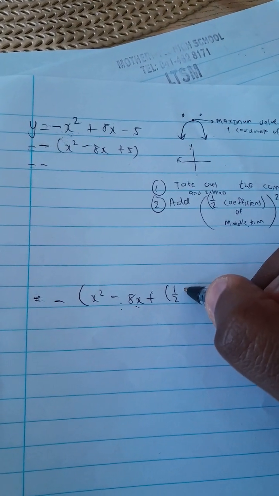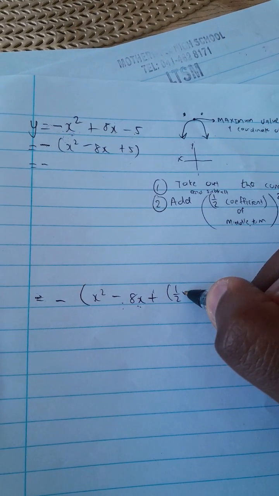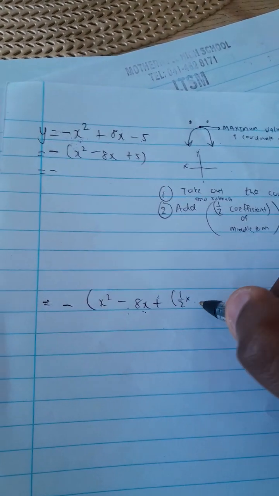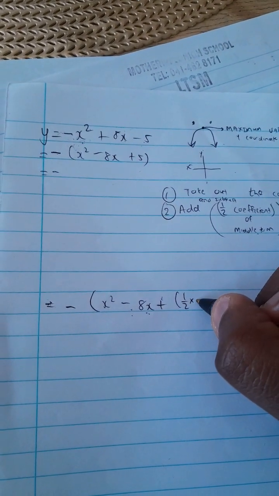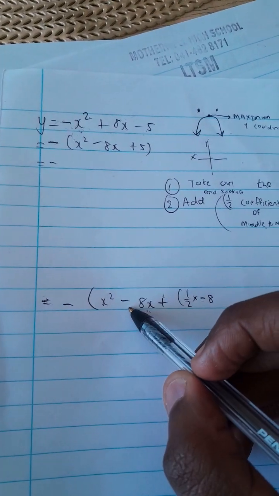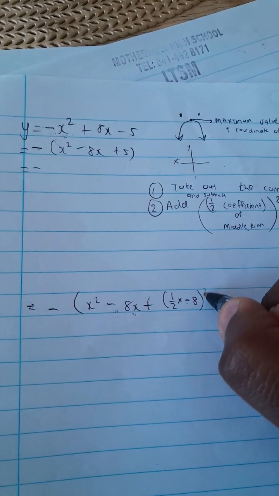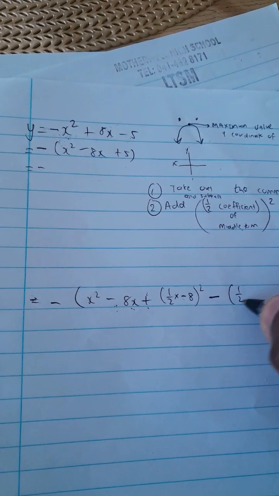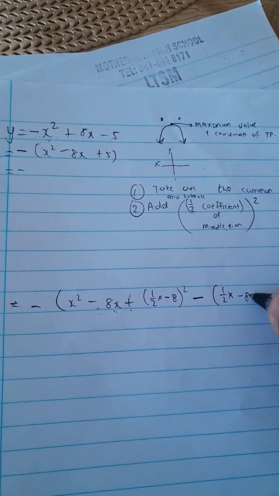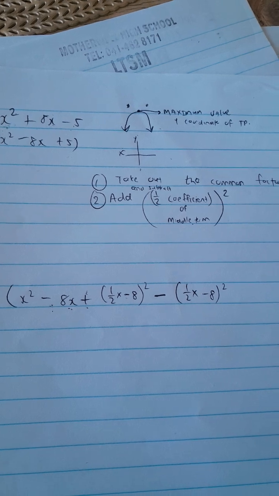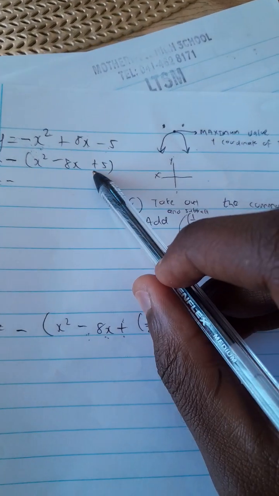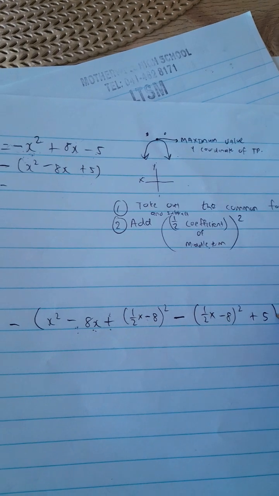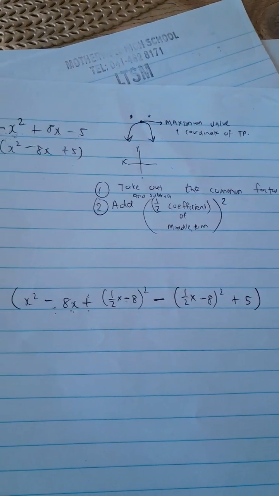So we add half times the coefficient of the middle term, which in this case is negative 8, and we square it. But we not only add, we also subtract the same half of the coefficient of negative 8, the whole thing squared. Then remember that after that we have plus 5, which needs to feature as well.